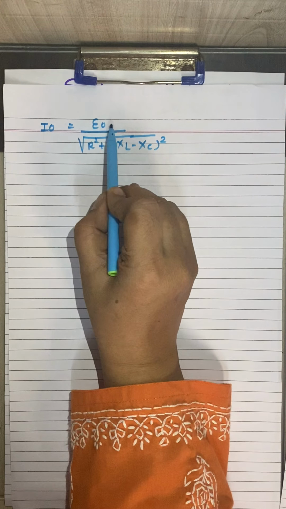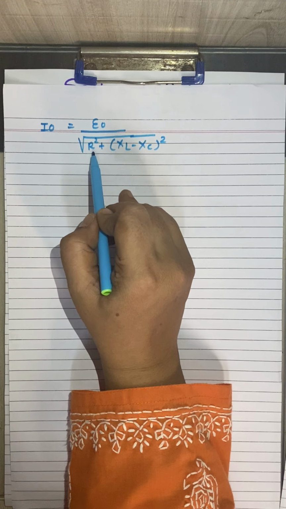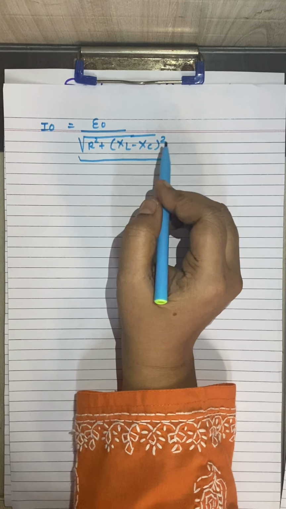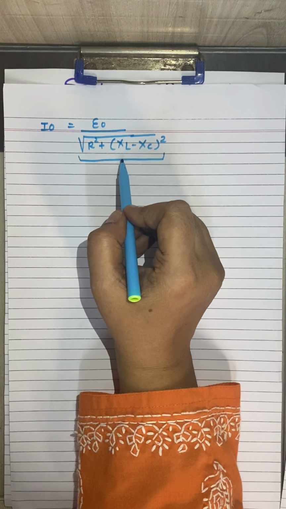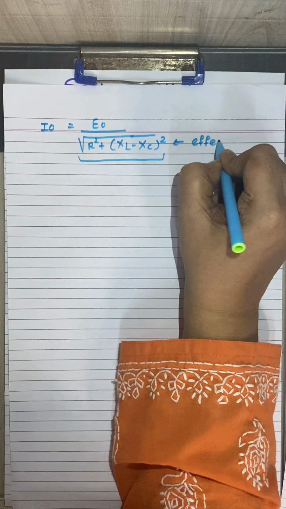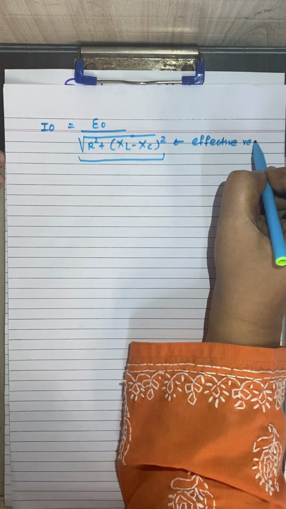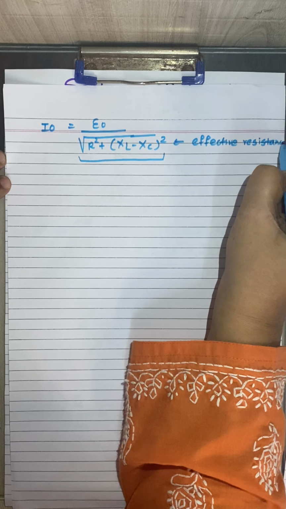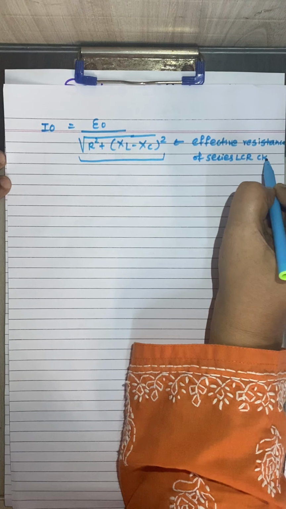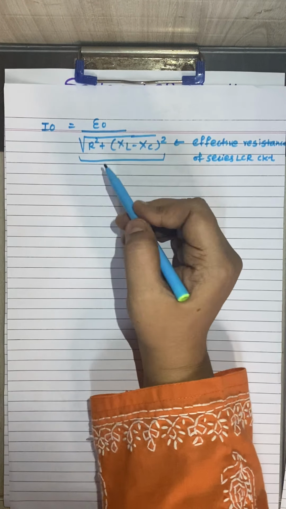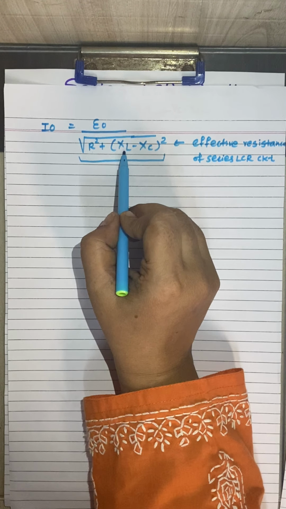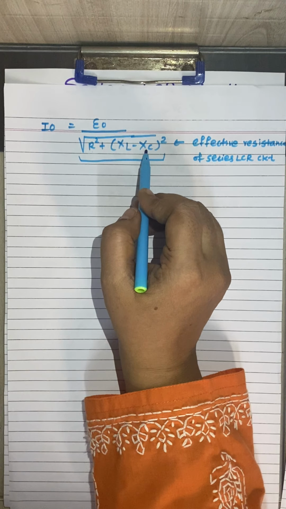Now you can see that this particular factor, under root of R square plus (XL minus XC) square, is nothing but the effective resistance of the series LCR circuit, because this represents the overall resistance whenever R is connected and the inductive reactance and the capacitive reactance are considered.